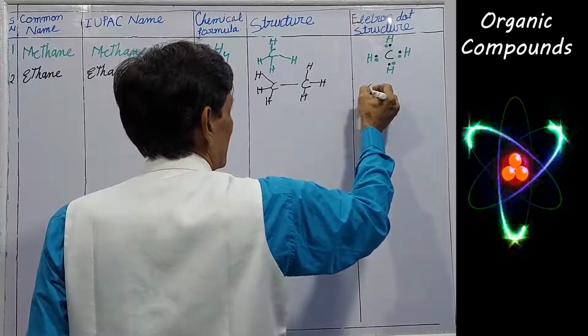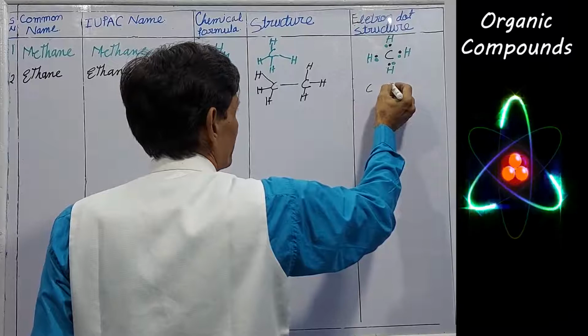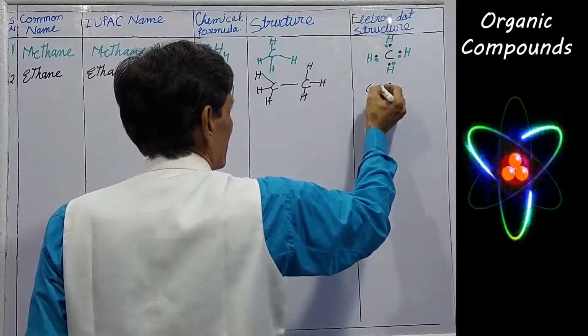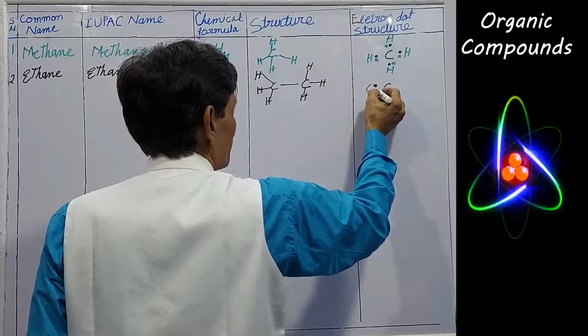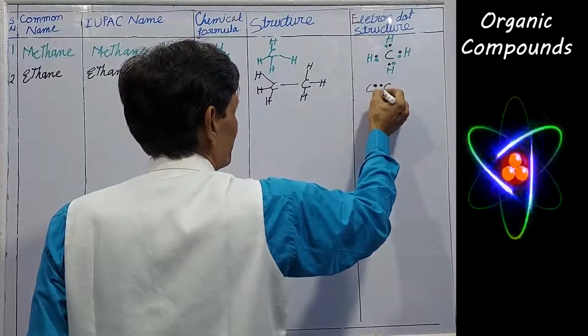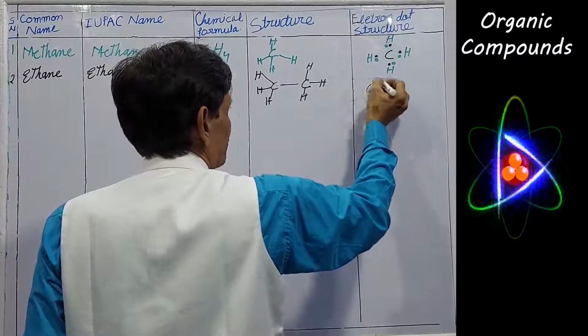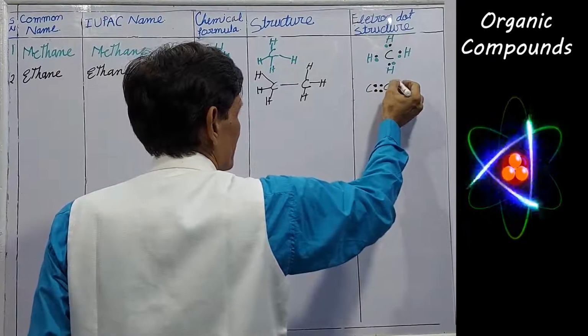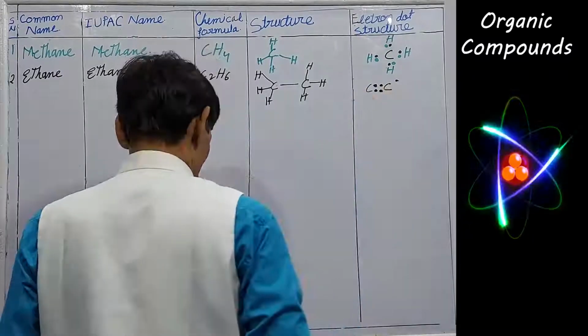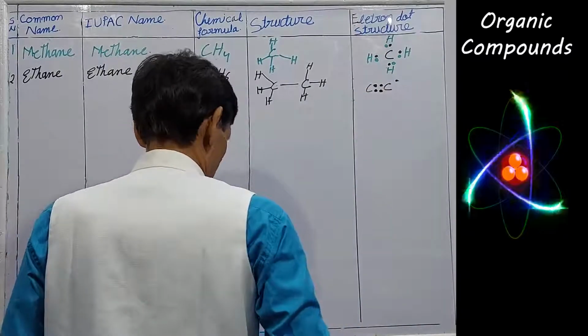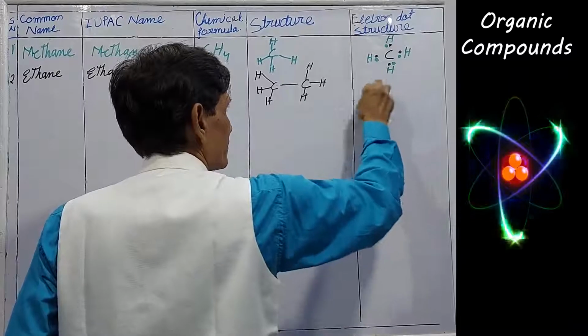Now the electron dot structure. Here I am showing the carbon electrons with black dots, and this is a saturated compound.